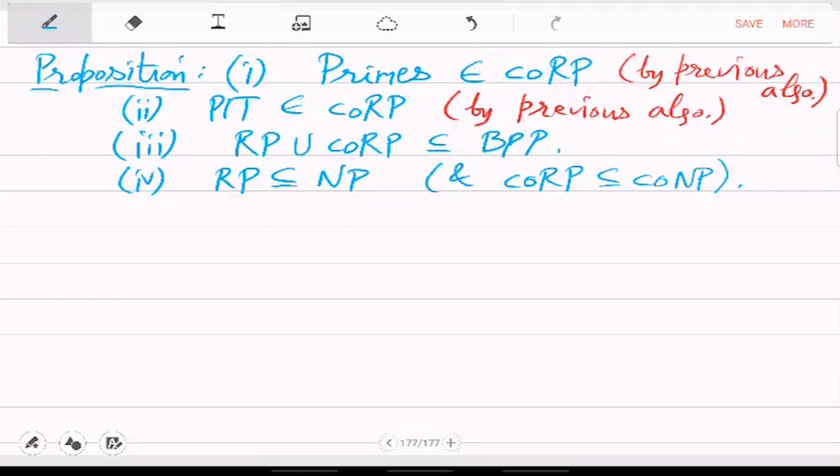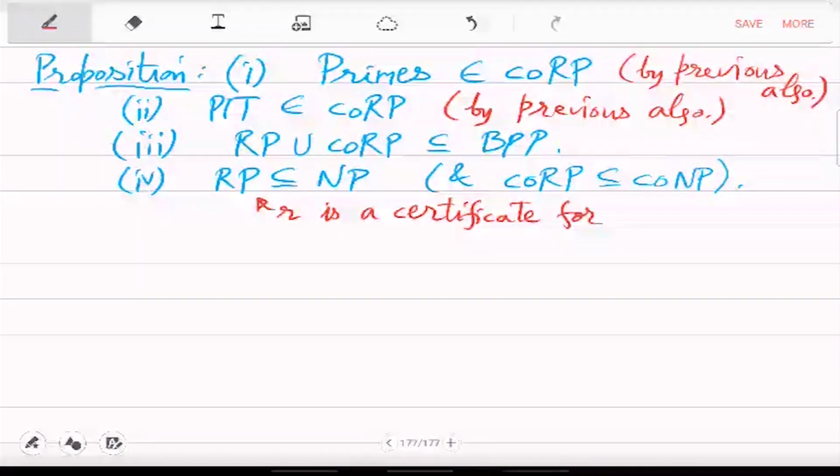This is because r is a certificate and the PTM M is the verifier.